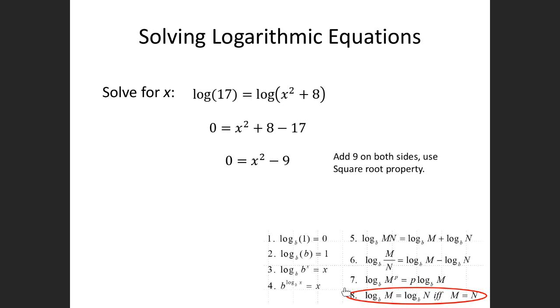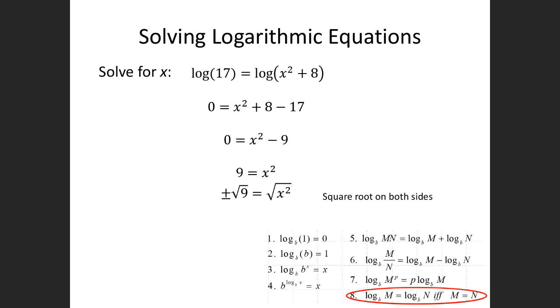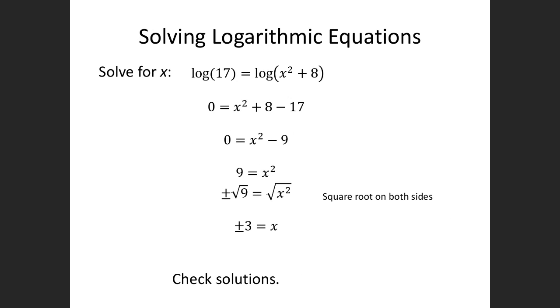So we combine our like terms. We have x squared minus 9. I'm using the square root, but I could have factored. So we can solve for x. We add 9 on both sides, take the square root of both sides. So the square root of 9 is going to give me plus or minus 3 equals x.